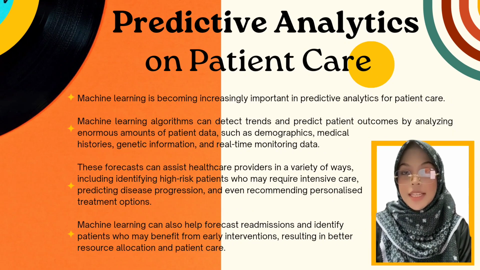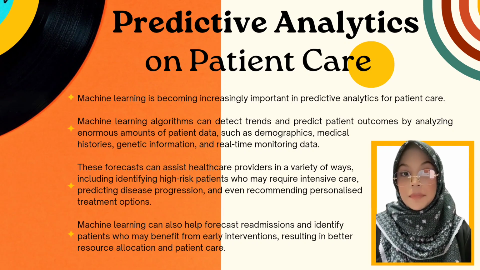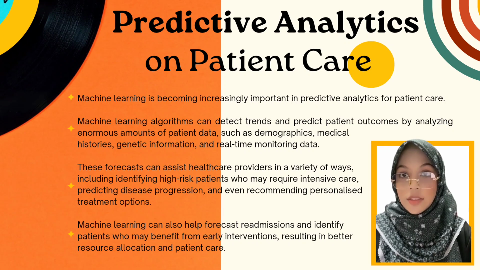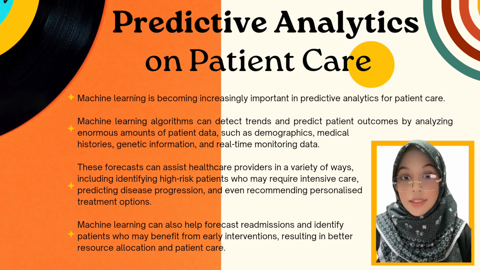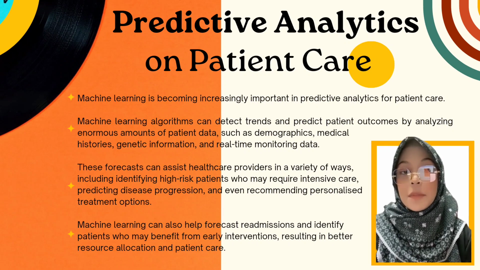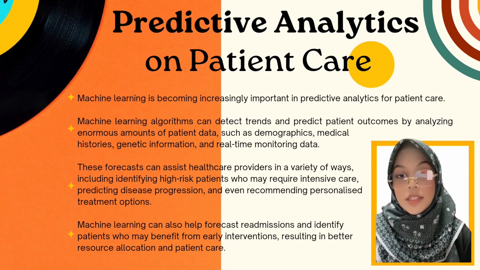The next one is predictive analytics on patient care. Machine learning is becoming increasingly important in predictive analytics for patient care. Machine learning algorithms can detect trends and predict patient outcomes by analyzing enormous amounts of patient data, such as demographics, medical history, genetic information, and real-time monitoring data.